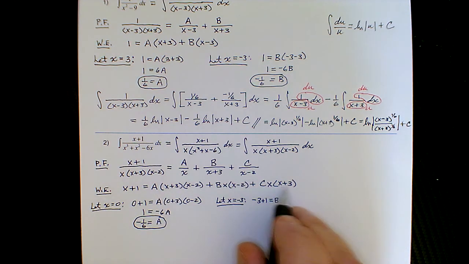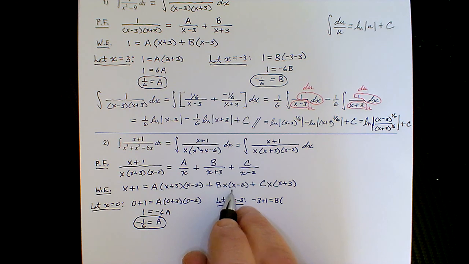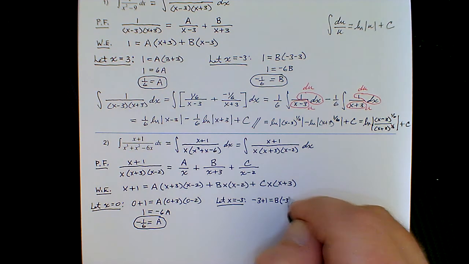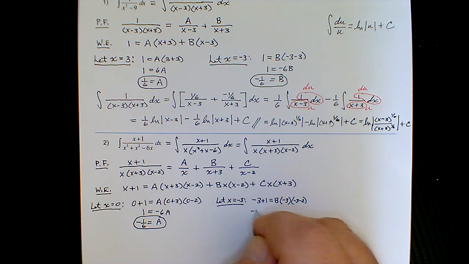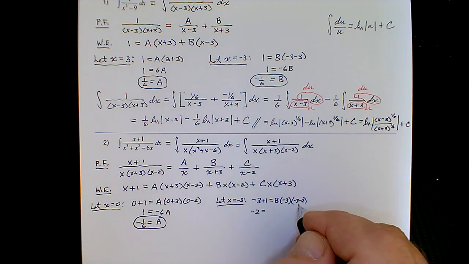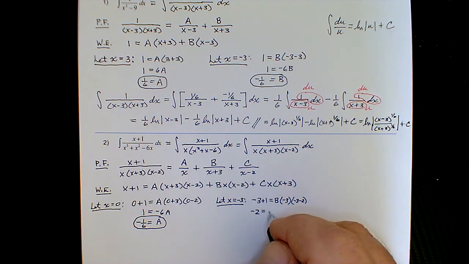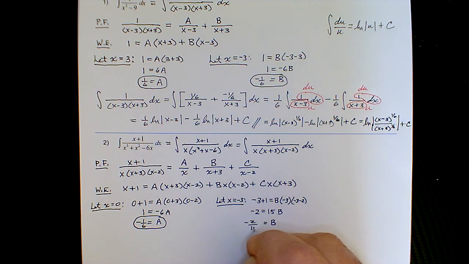Same deal with c. Negative 3 times negative 3 minus 2. So negative 2 equals, let's see, that's negative 5 times negative 3, 15b. So b is negative 2/15.